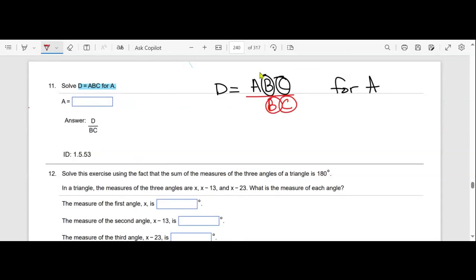So they cancel. If you play on the right, you play on the left. So your final answer will be what?